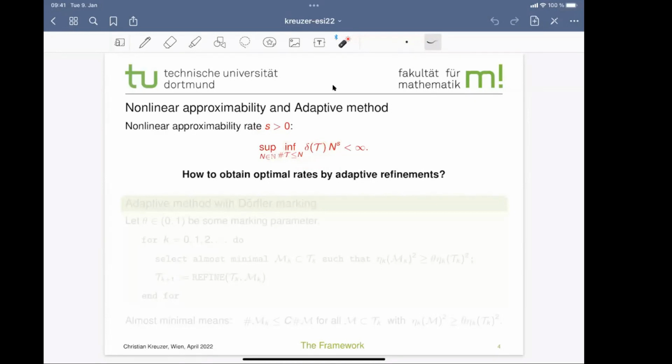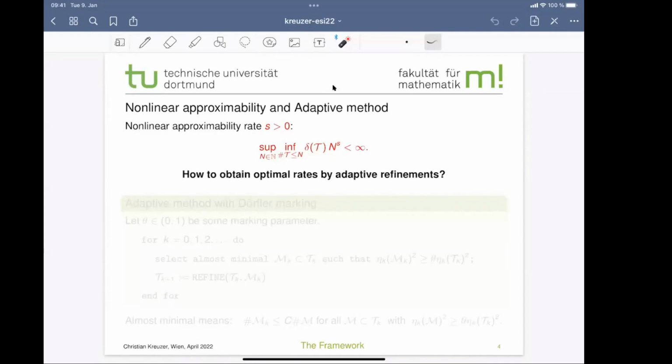Okay, so you have an optimal or nonlinear approximation rate S, which you can satisfy for the optimal sequence of meshes. So the question, of course, is, for a practical algorithm, how to achieve such optimal rates by adaptive refinements.